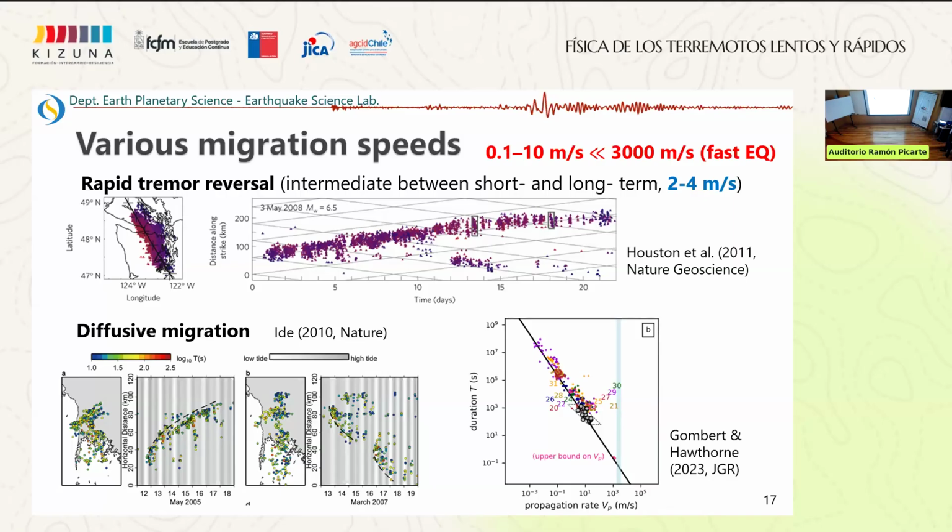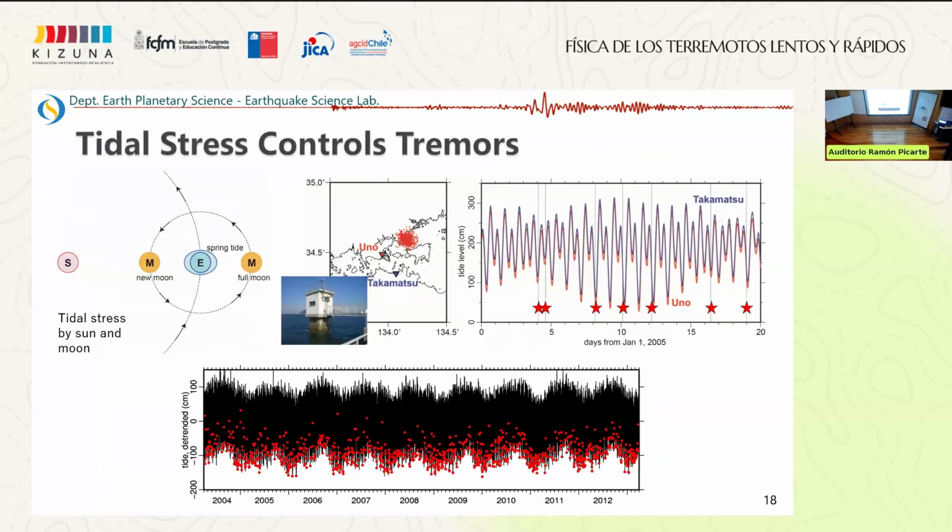And another very interesting characteristic of slow earthquakes is that they are very well modulated by Earth tides. Our Earth, planet, and also ocean is always deformed by the gravity of the moon and sun. That is tidal stress.